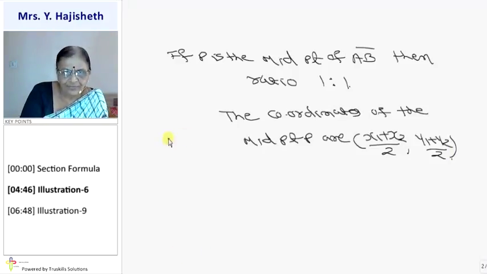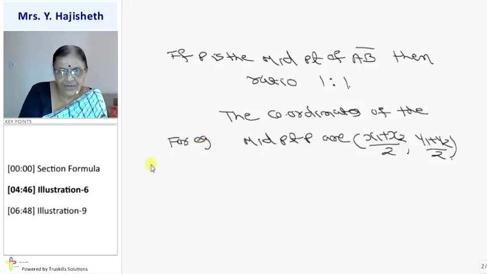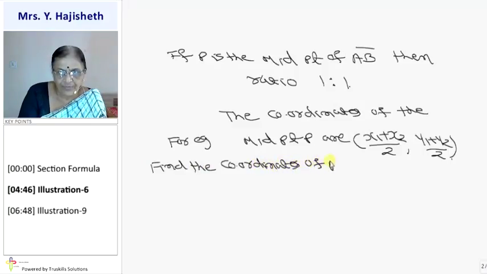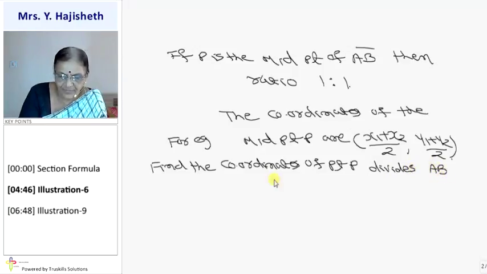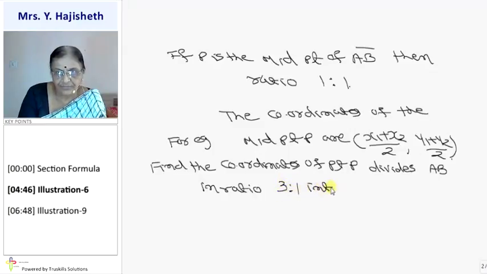For example, suppose you are asked find the coordinates of point P that divides AB in ratio 3:1 internally.